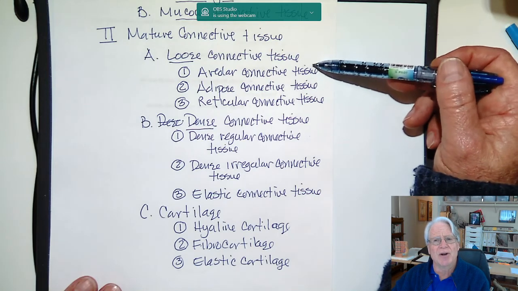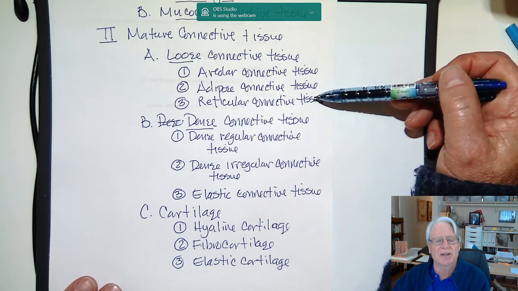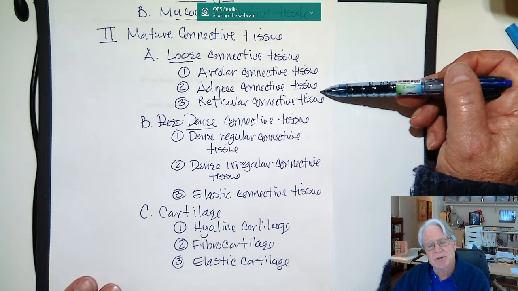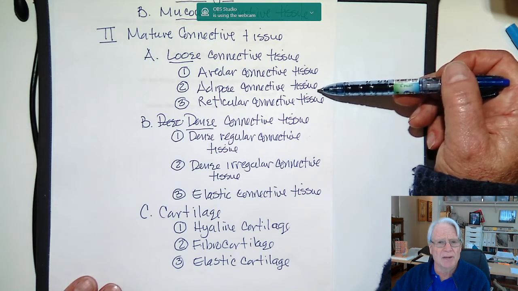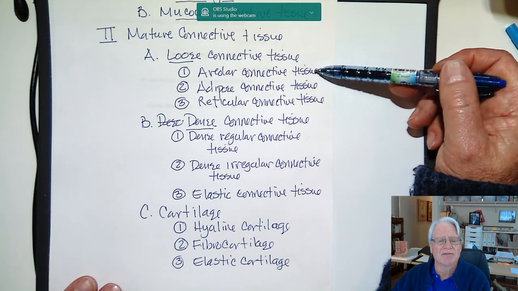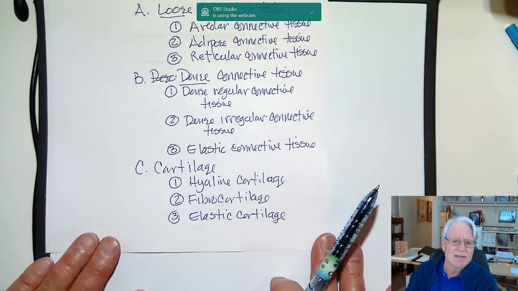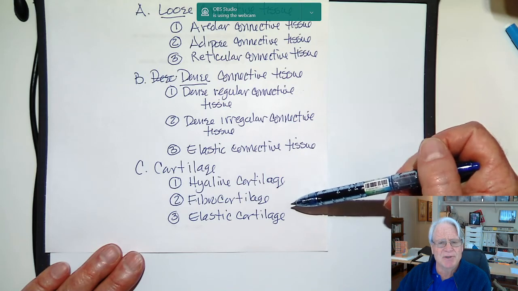Here we get a combination of all three. Here we get a preponderance of reticular fibers, but again, it's not in high density. Adipose tissue fits in here because there are no fibers, and so I included it in this idea of loose connective tissue.